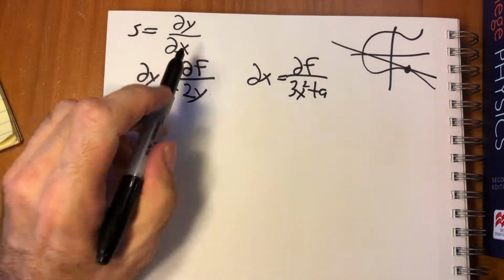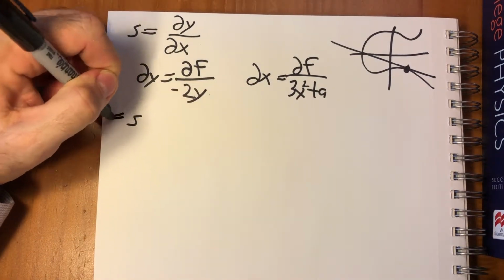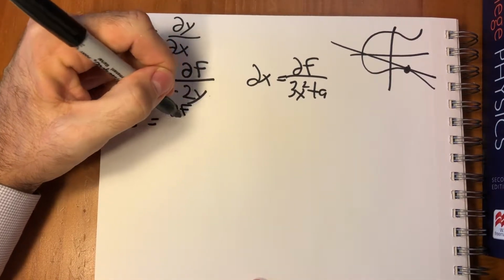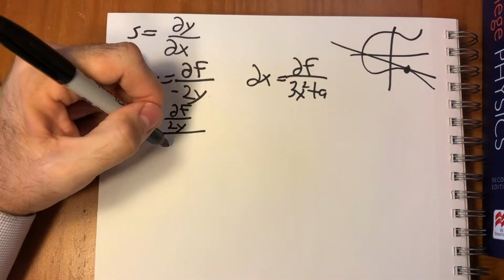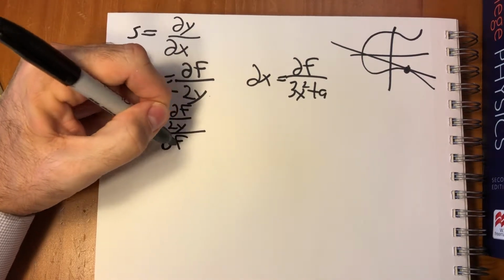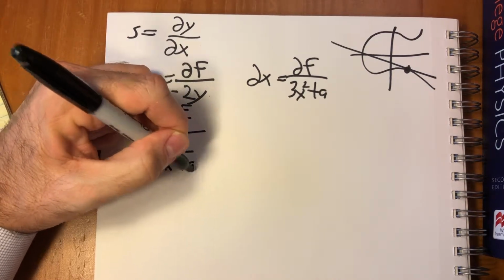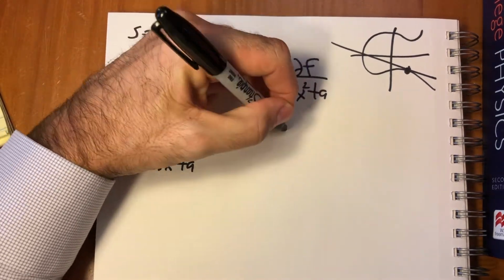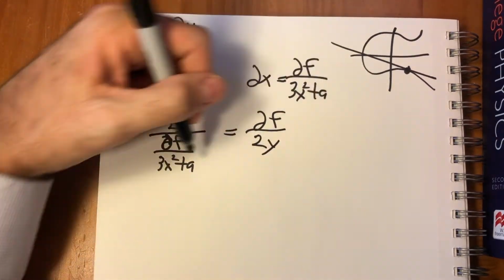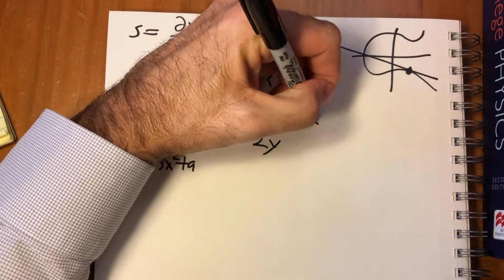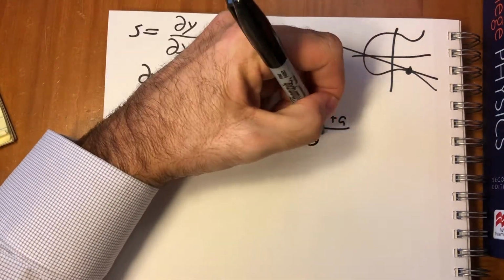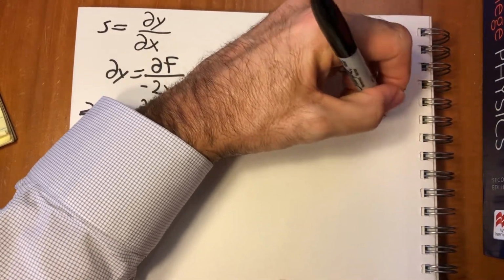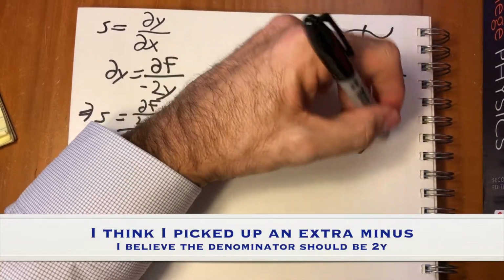Okay? Just plug these in, and we get that s equals df over 2y over df over 3x squared plus a. Flip this and multiply, equals df over 2y times 3x squared plus a over df. Those cancel, and we end up with 3x squared plus a over 2y.